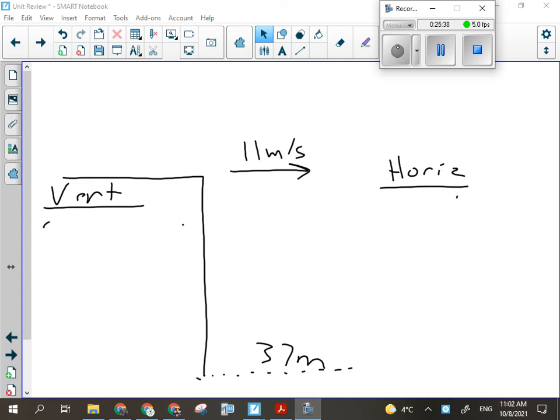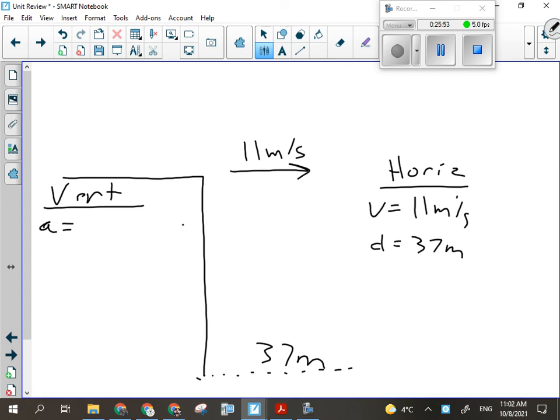Okay, so on this question here, the two pieces of information that they outright give me are both horizontal. They tell me the horizontal velocity is 11 meters per second. They tell me the horizontal distance traveled is 37 meters. Okay, vertically, I get acceleration, just because I know we're on Earth and it's falling, and I get VI because the object moved horizontally at time 0, so that's 0 meters per second.